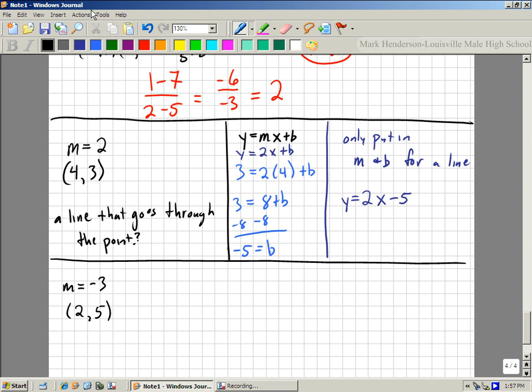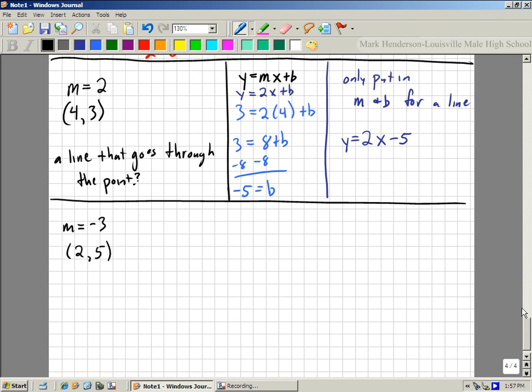So let's look at this. Hopefully you got it right. Again, we start with y equals mx plus b. Then we are going to put in negative 3 with the x plus b. This is y, this is x.